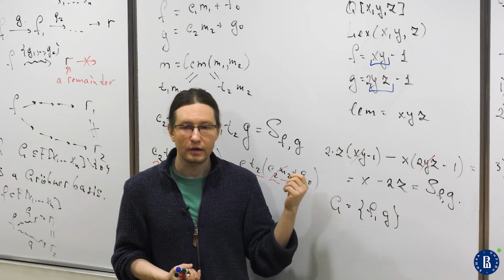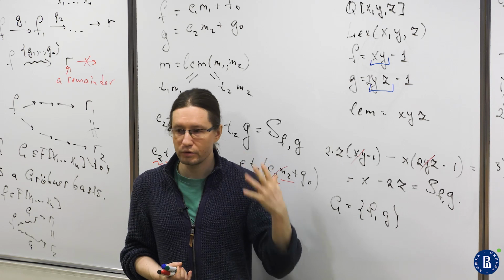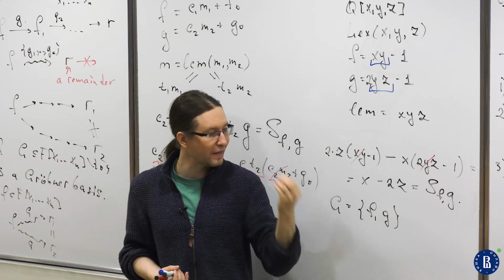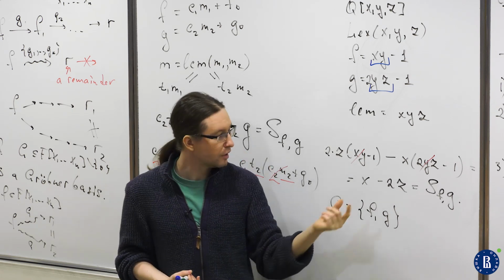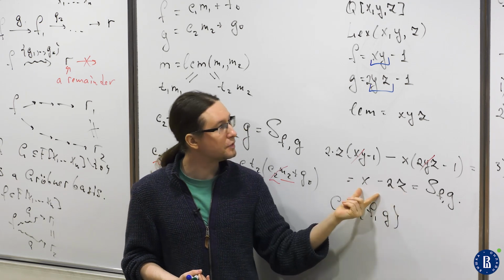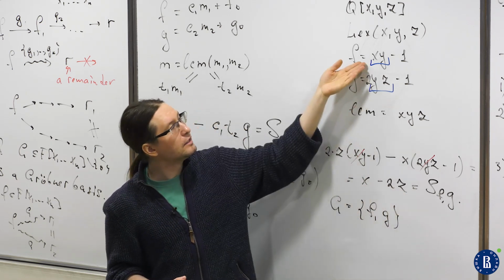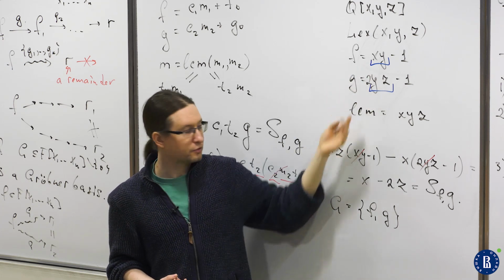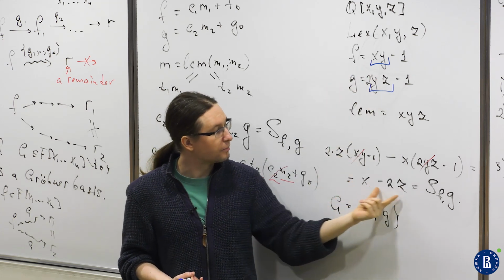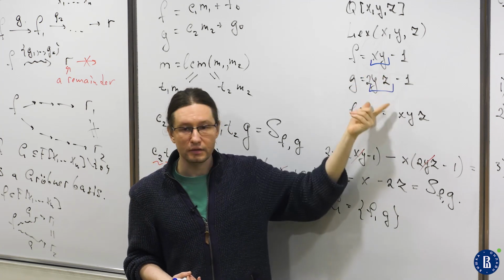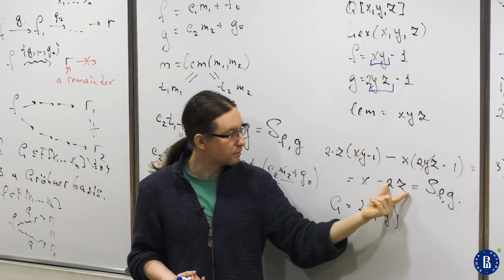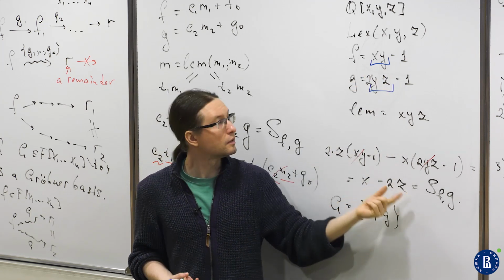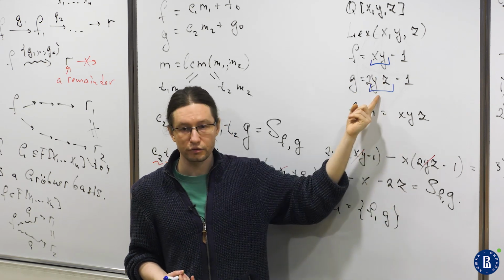Okay, first of all, how do we do a reduction? In order to make at least one step of a reduction, we need to find a monomial here divisible by the leading term of at least one of these two polynomials. But as you can see, neither of them is divisible by the leading term of these two polynomials because these two monomials are of degree 1 and these two are of degree 2.